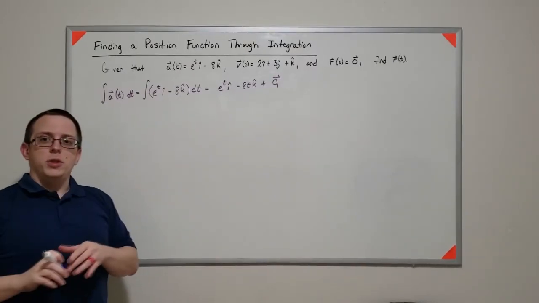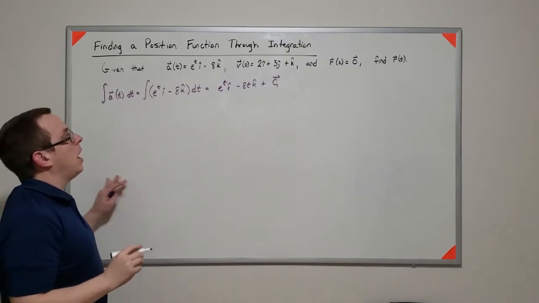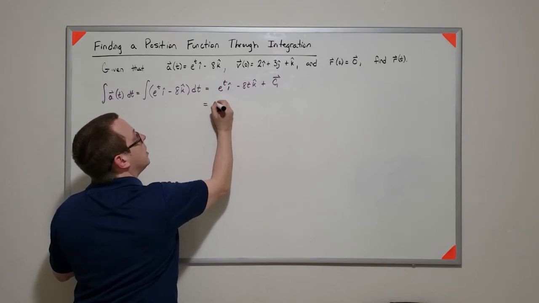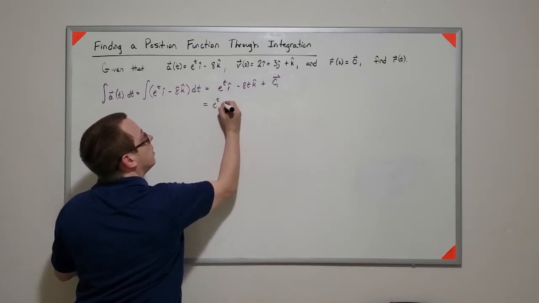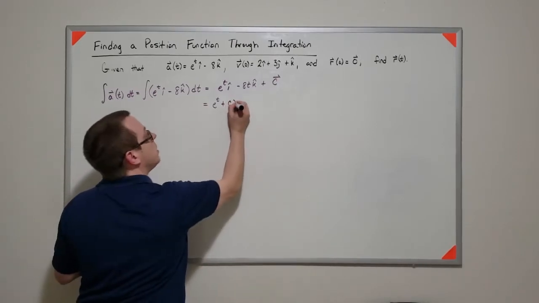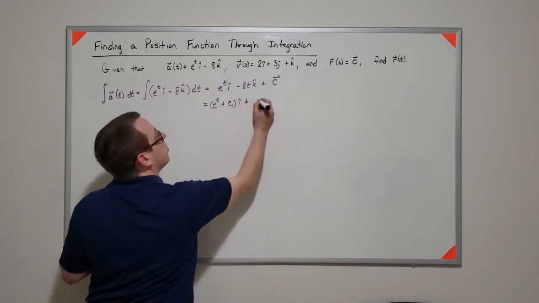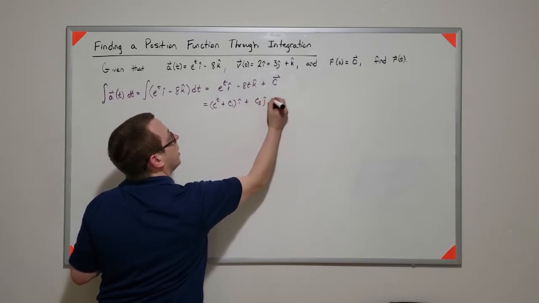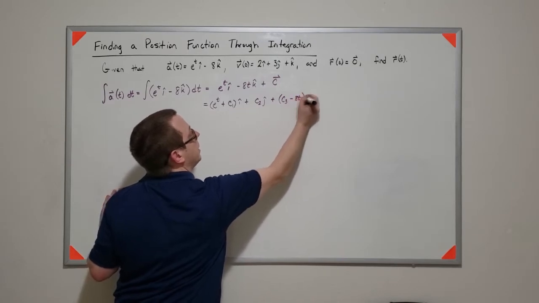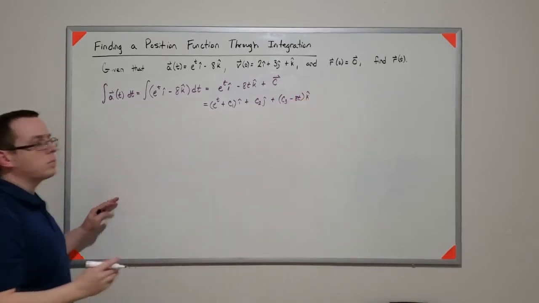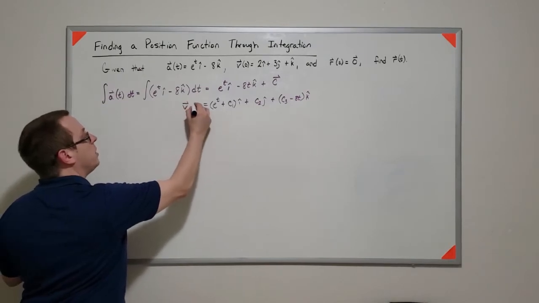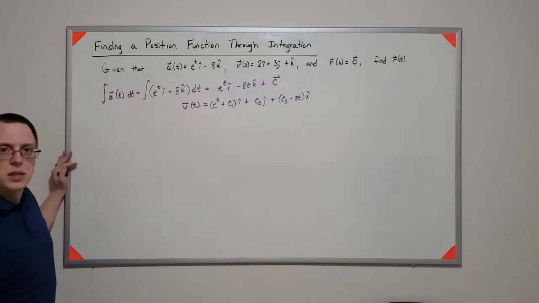So I'll set that up as (e^t + c1) i plus c2 j plus (c3 minus 8t) k, right? And that tells me that that's actually the velocity function.